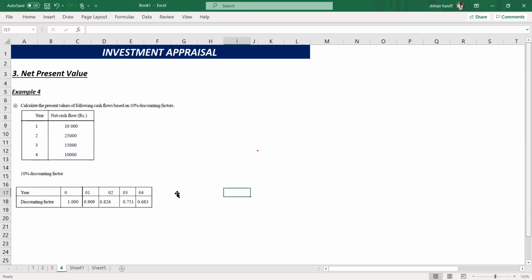Calculate the present values of the following cash flows based on a 10% discount factor. Normally the discount factor will be given to you, for year 1, year 2, year 3 and year 4.